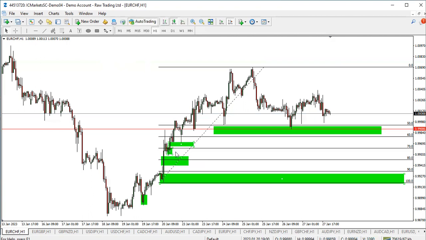Fills it, and then trades into a swing point.